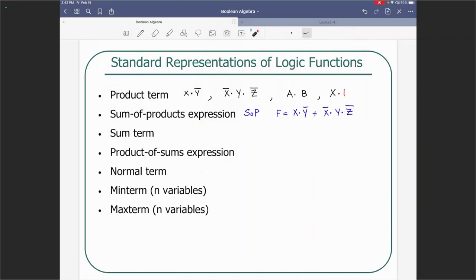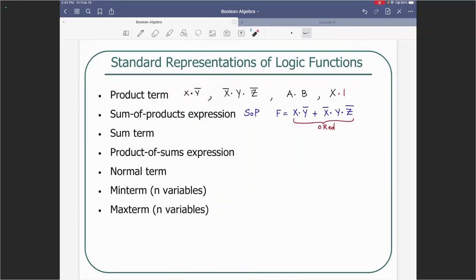Is it the simplest SOP? Maybe, maybe not. I don't know yet. I did not attempt to simplify it. But I know that this is a product, this is a product, and I am ORing them. Summed, not the arithmetic sum, the logical sum, which is the logical OR. So you take a bunch of product terms, put an OR gate between them, and you get a sum of products expression.